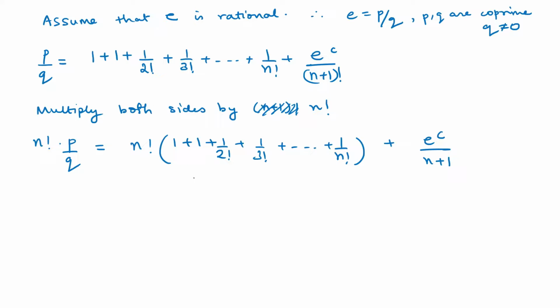Now note that, and I kind of skipped over this, n factorial is simply 1 2 3 up till n. I hope you did know that. If you didn't, sorry, but now you can follow from this point onwards.